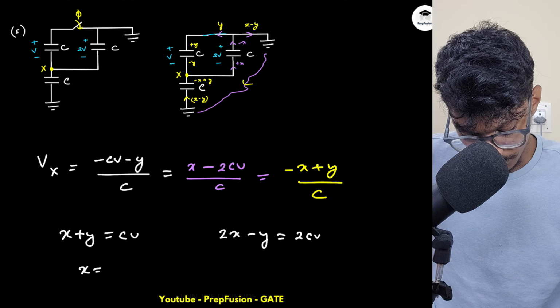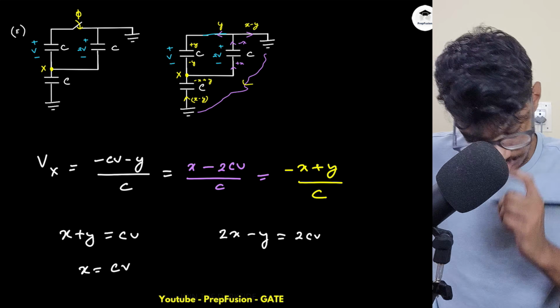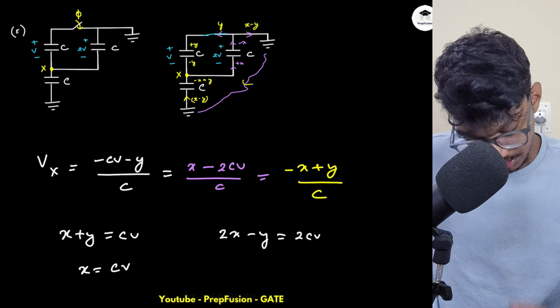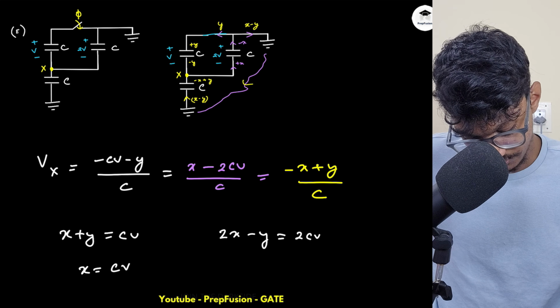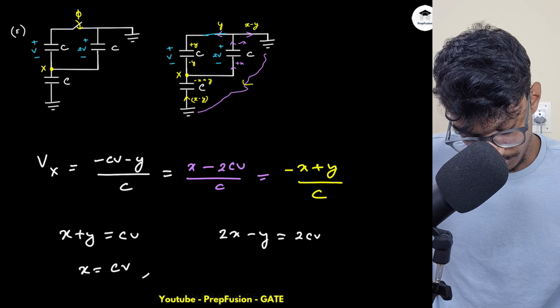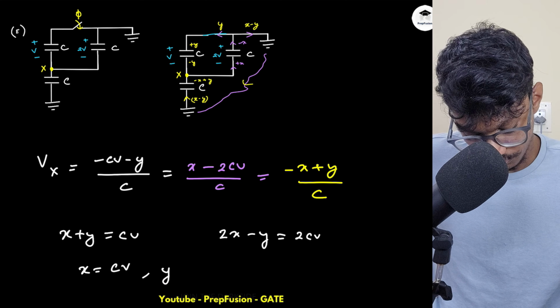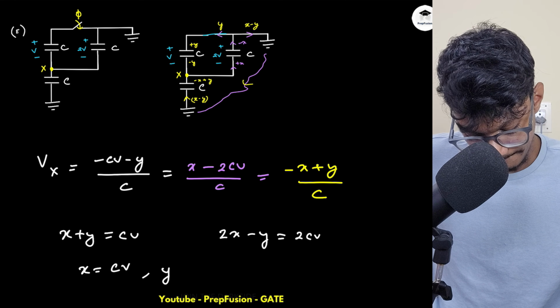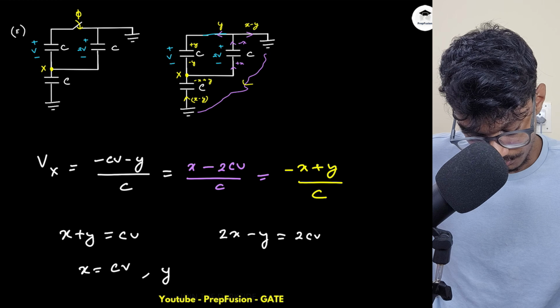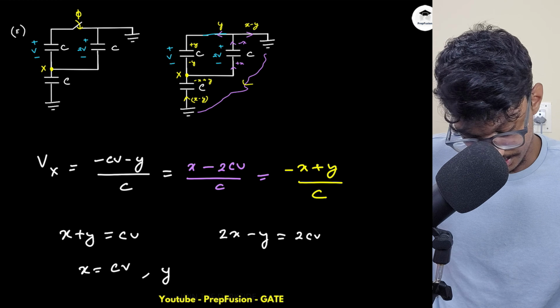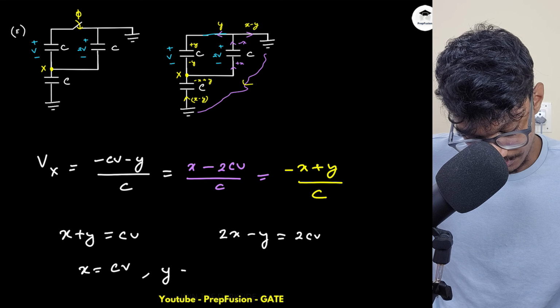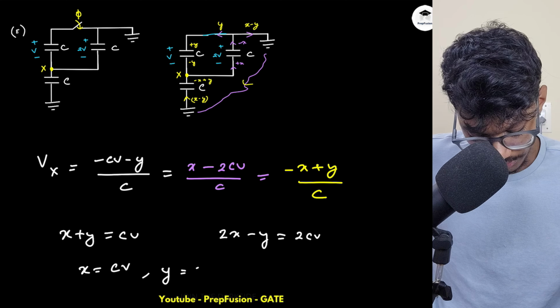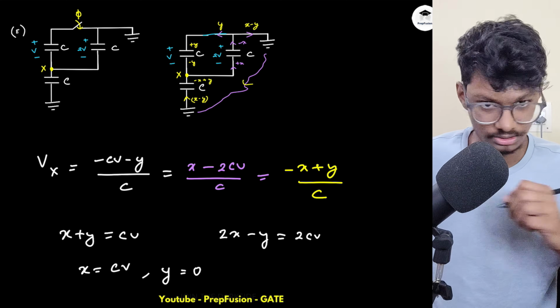X will be equal to CV. Okay, X is equal to CV. If I add these two, this will be CV. And what will my Y be equal to? Okay, if X is CV, Y is simply 0. So there is no charge transfer taking place.